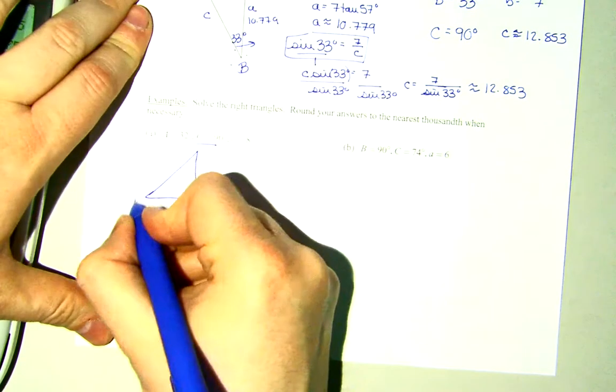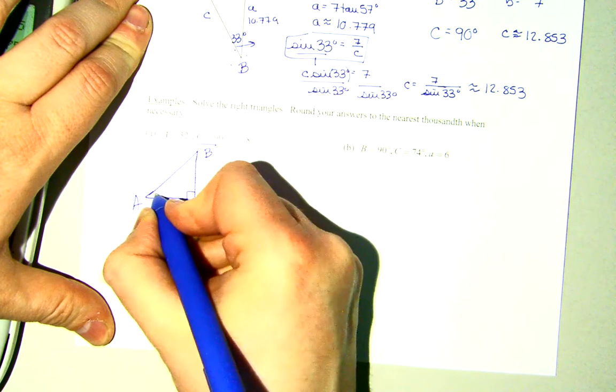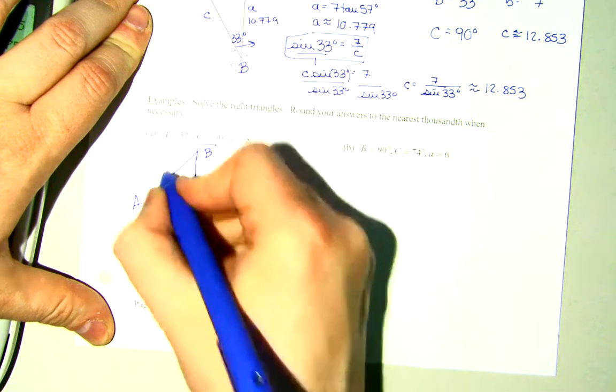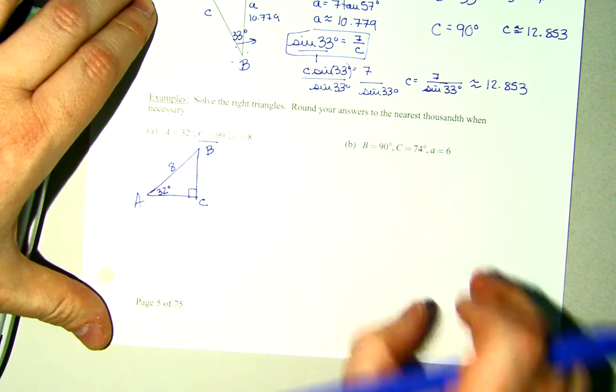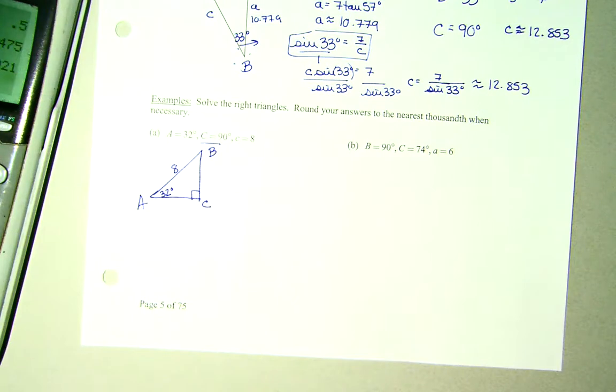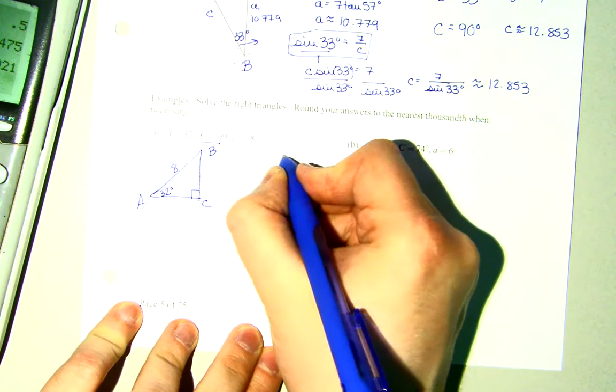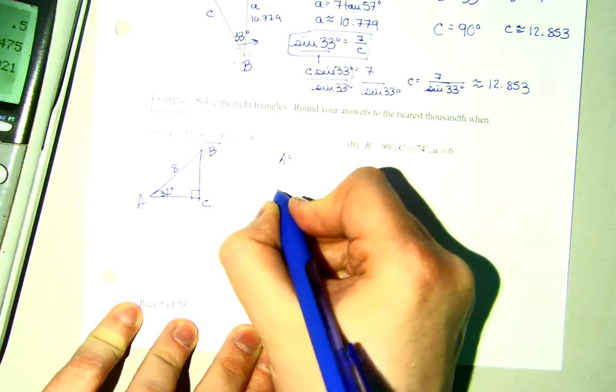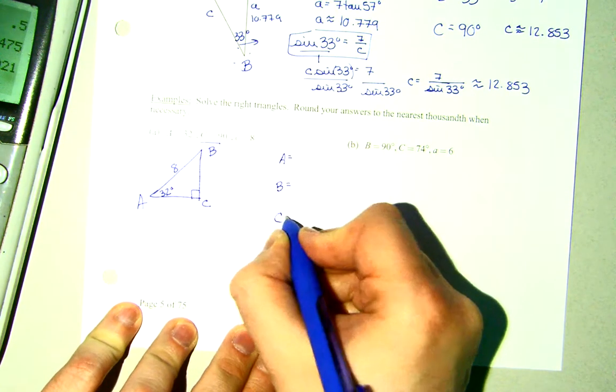Okay, this is A, this is B. A is 32 degrees, little c is 8. I would like you to fill in letters for all the sides, and then find your missing angle. And I'm going to start a list on the side of everything.